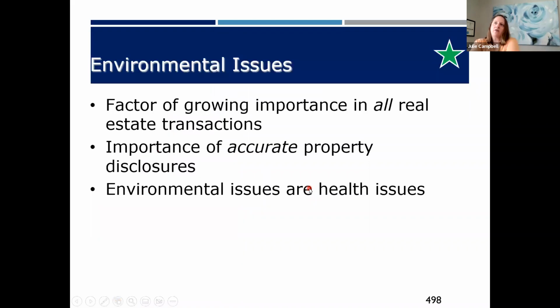So first off, let's talk about why this is important to us. This is a thing of growing importance in real estate transactions. This is why we need to be alert. We need to be paying attention to those little red flags if we suspect some environmental issues.